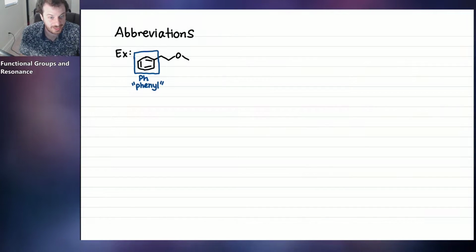Although it is an arene, it is a very plain arene in that there's nothing attached to it. It's just dangling off the edge. And so if you have an arene that's just dangling off the edge, we call that phenyl.